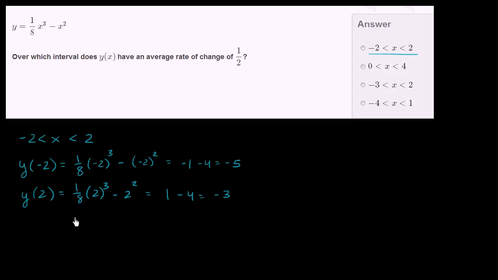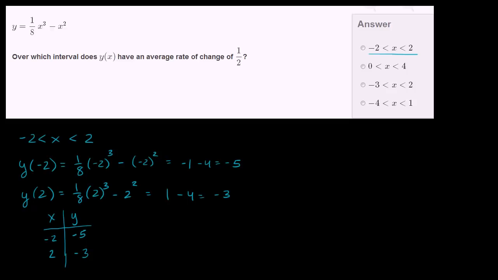So if you want to find your average rate of change, you want to figure out how much does the value of your function change and divide that by how much your x has changed. So we could make a table here. X, y. When x is -2, y is -5. When x is +2, y is -3.